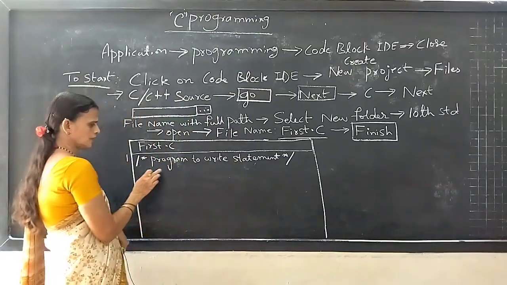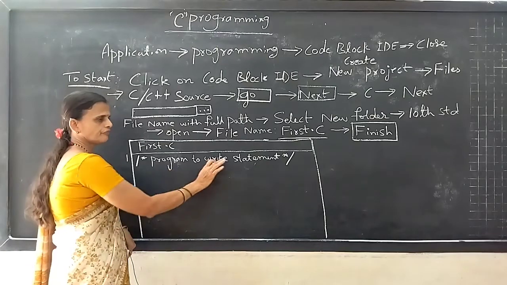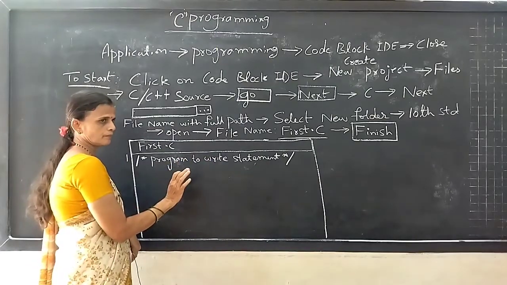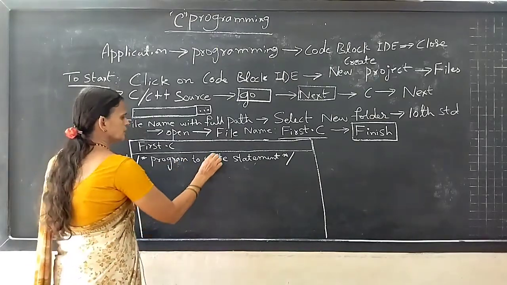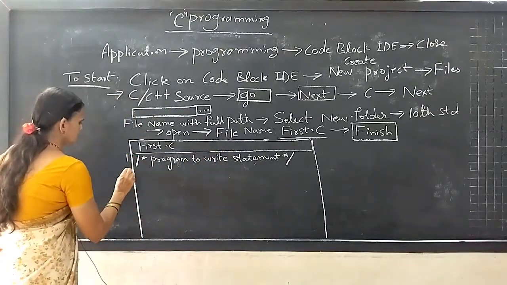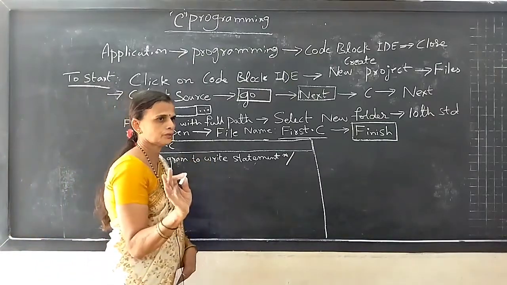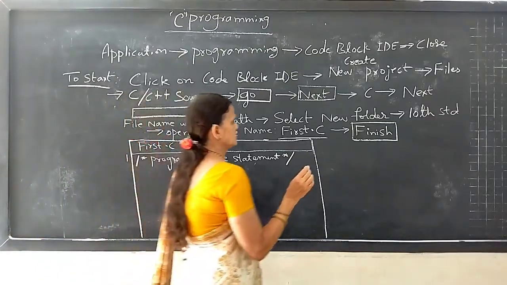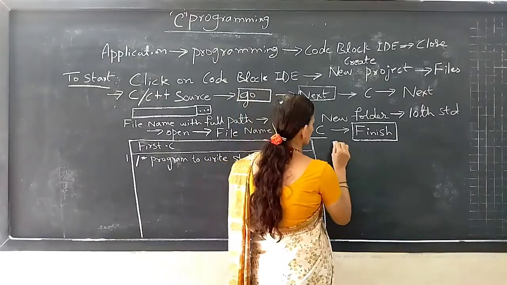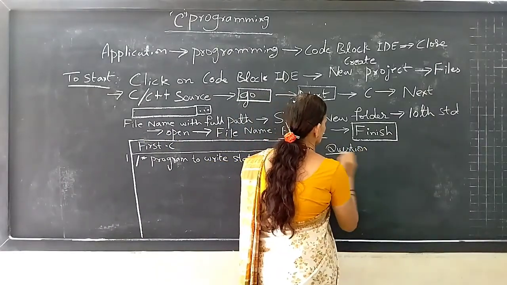This is called a comment entry. It is useful only for the programmer and it won't affect the program. Okay, this is only in order to identify. Then second step. Now what do we want to write? We want to write a statement as our question. For this question we will write the program.